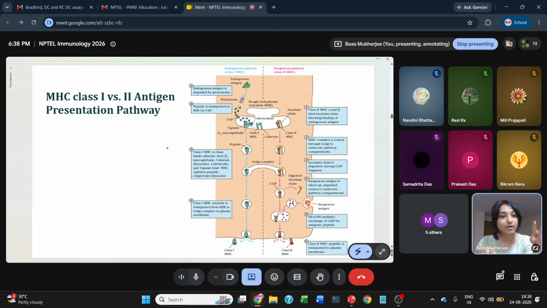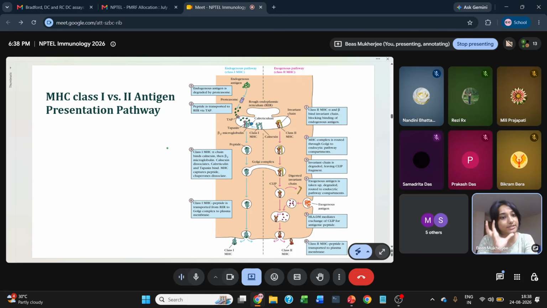Then beta 2 microglobulin comes and replaces this calnexin. Then another chaperone comes. It is called calreticulin. There is another protein, which is an adapter protein. Its name is tapasin. These come and bind. All of them form a complex. Then what happens?